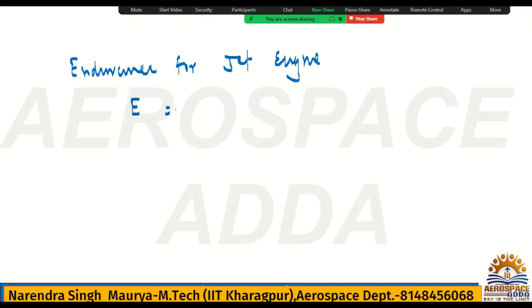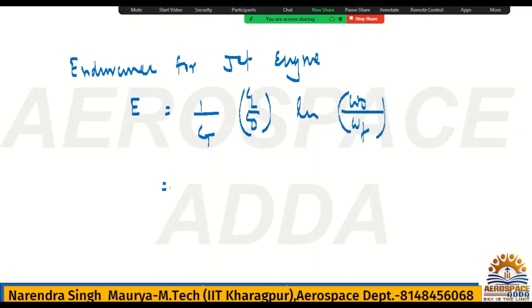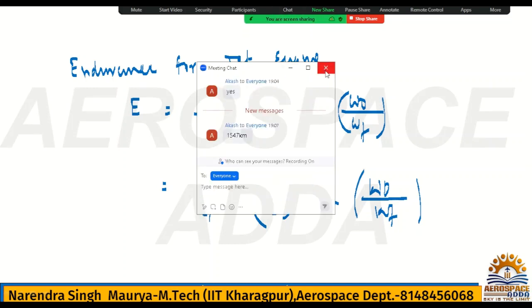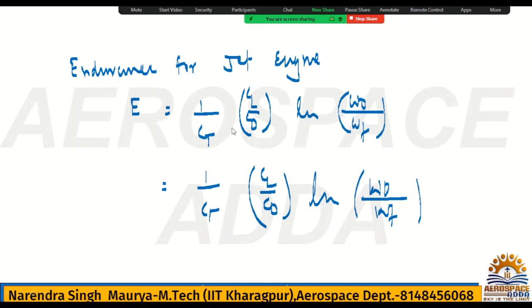Yes or no? It is nothing but 1 upon CT, L by D or CL by CD, meaning is same. Initial by final. Na? Simple formula. CL by CD you just calculate. So you can do this. 1547 you are getting.